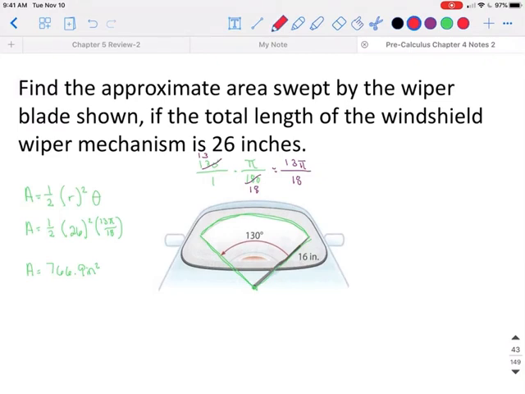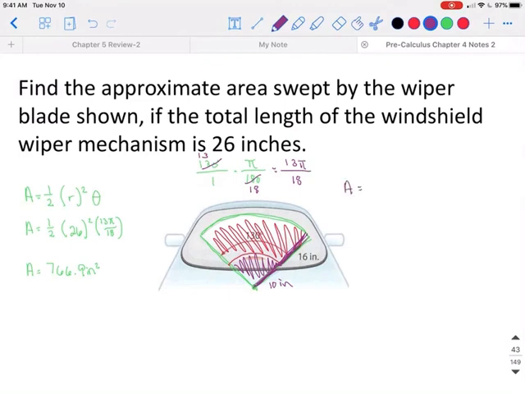But we actually only care about the part that the wiper is cleaning, which would be this part right here. So if the whole mechanical arm is 26 inches and the wiper itself is 16, then that means we're left with 10 inches down here that's not actually being cleaned.